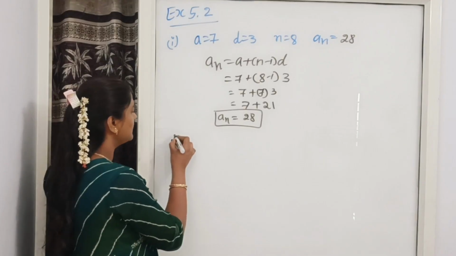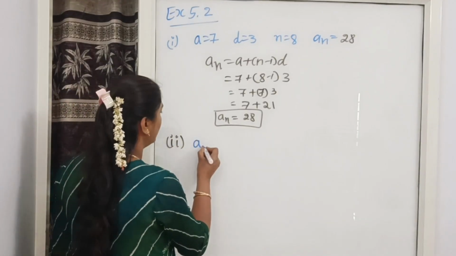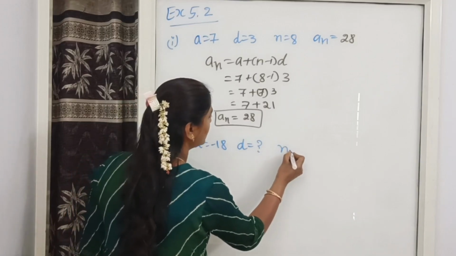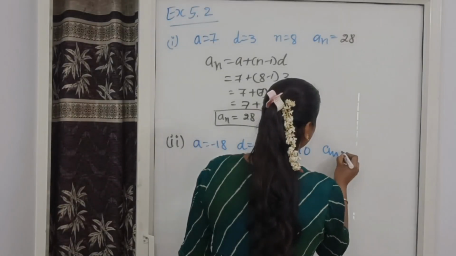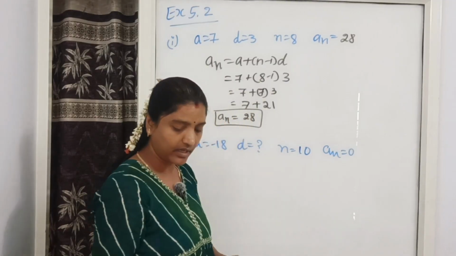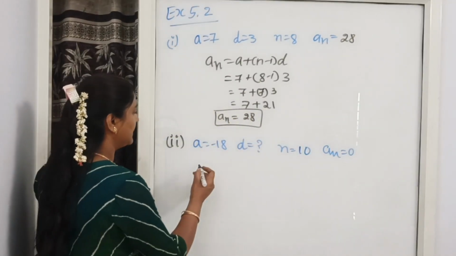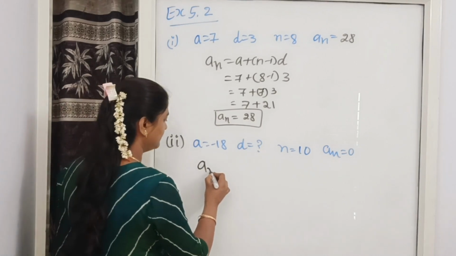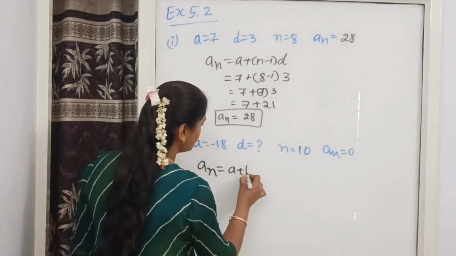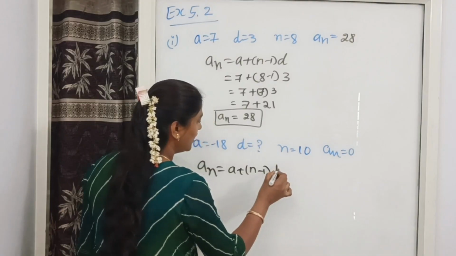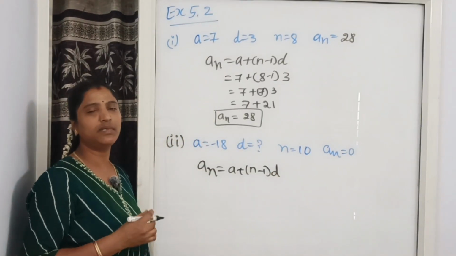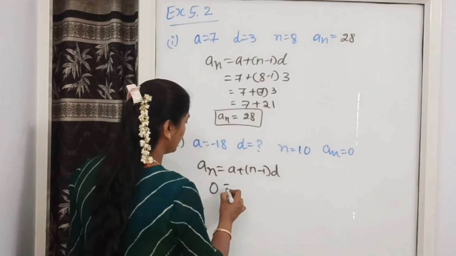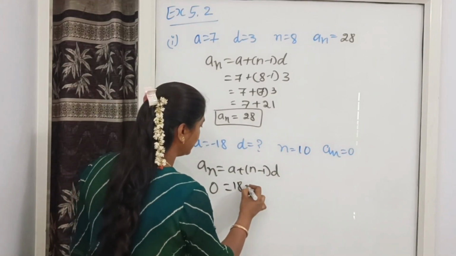Let us see the second one. A is equal to minus 18, D we need to find out, and the nth term is 0. Let us write the formula each and every time. Try to practice the formula: an is equal to A plus n minus 1 into D. While writing it for each and every sum, you will get practice. The nth term is 0 and the first term is minus 18.